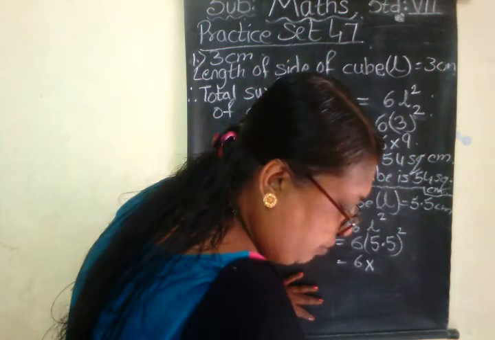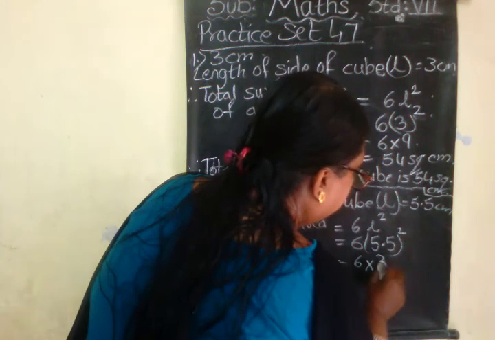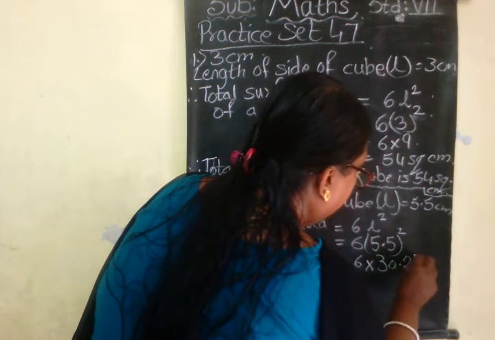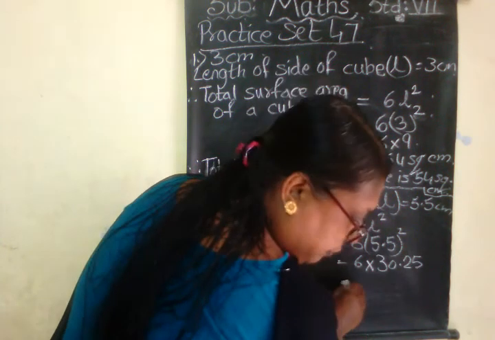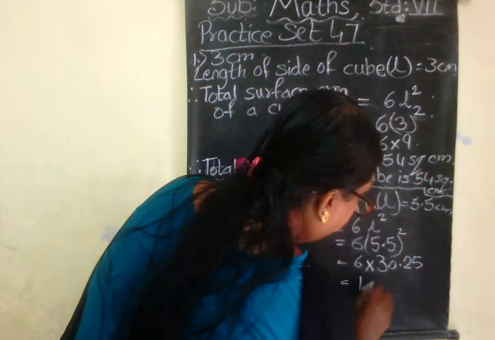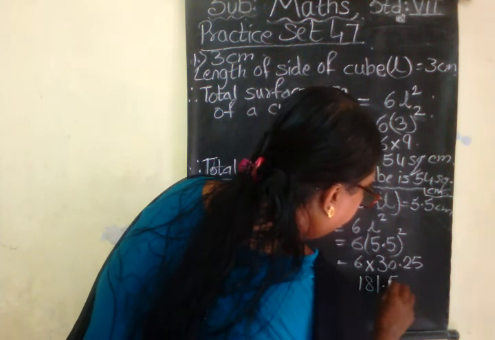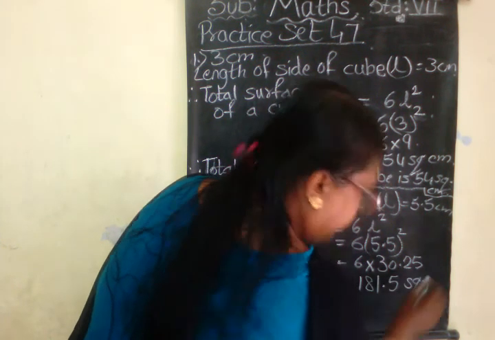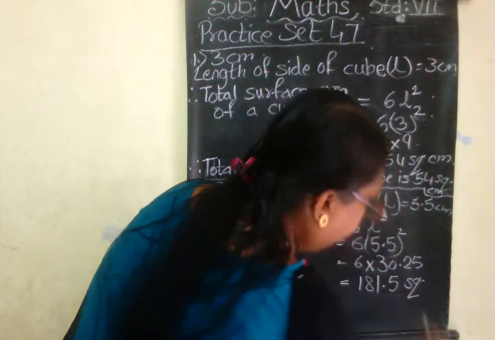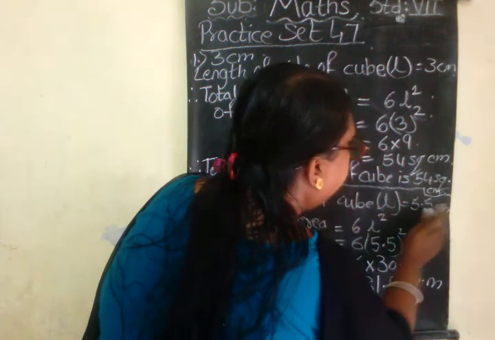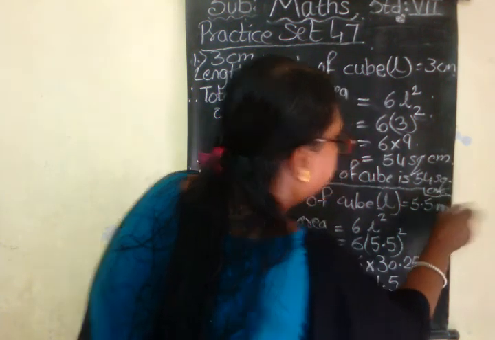Now 5.5 square is 30.25, and further when I multiply I get the answer 181.5 square meter, it is meter, not centimeter.